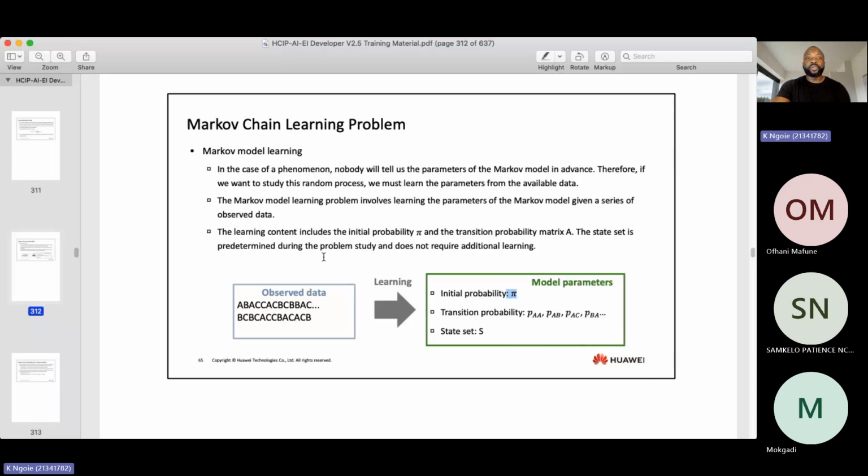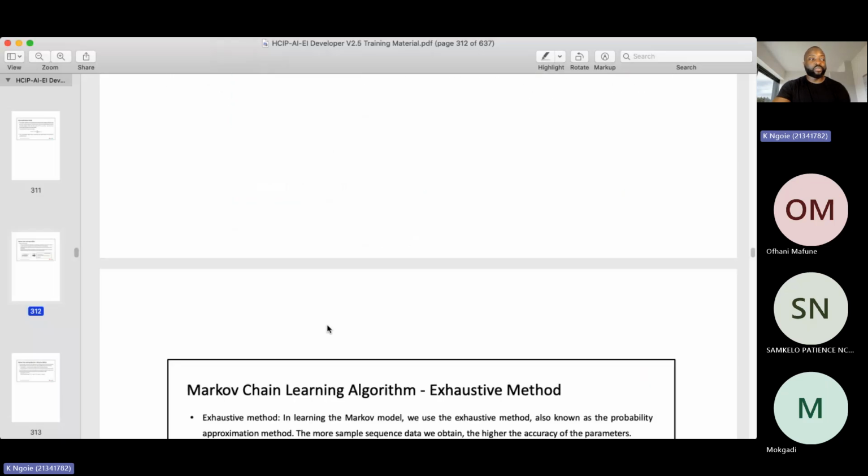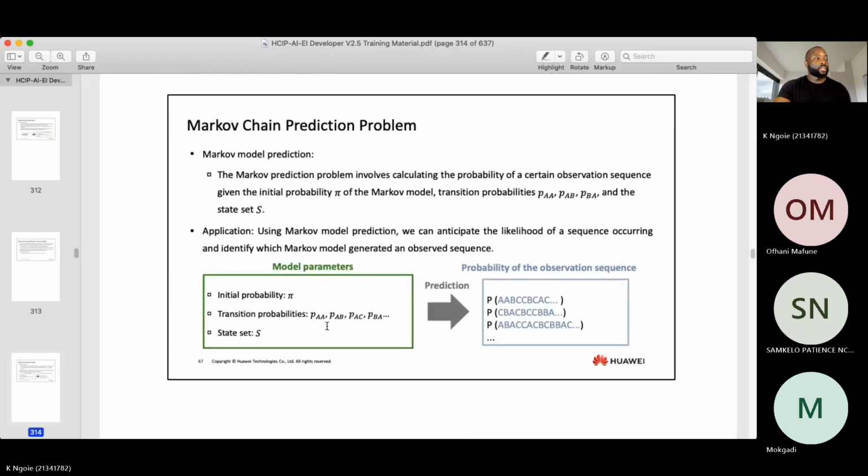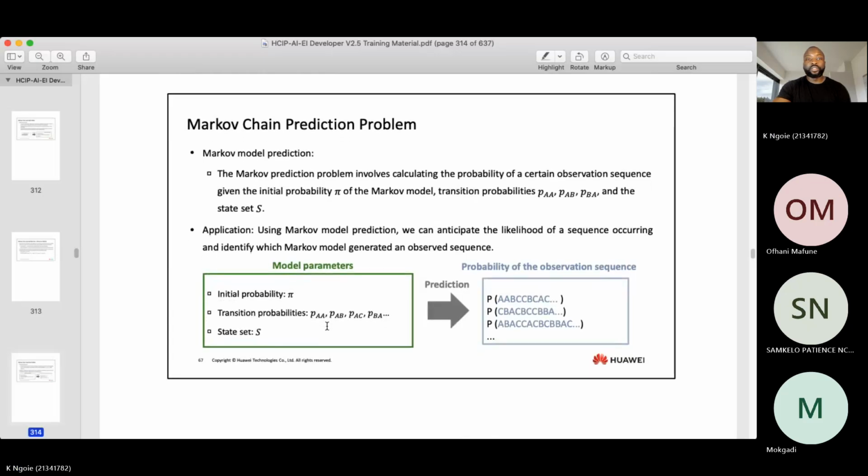So now when we're looking at the Markov chain prediction algorithm, which is what we're going to observe here, A to B, A to C, these are just the observations that we have there.